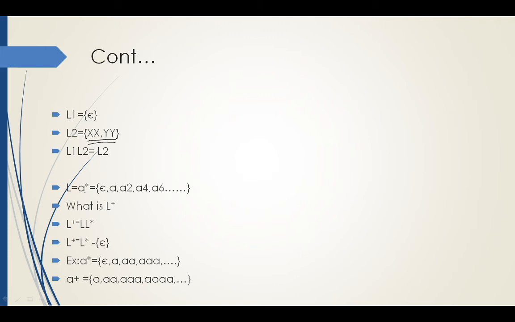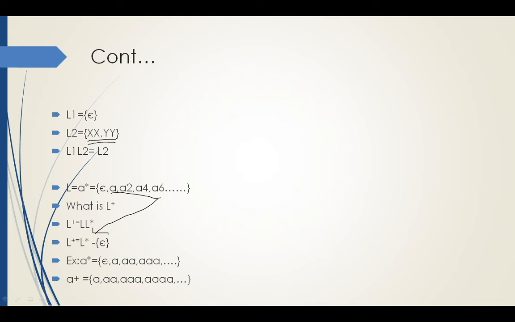Whatever strings come for L star, those all come for L plus except epsilon. So epsilon is not a part of L plus. So L plus equals L star minus epsilon. Okay, an example is given here.